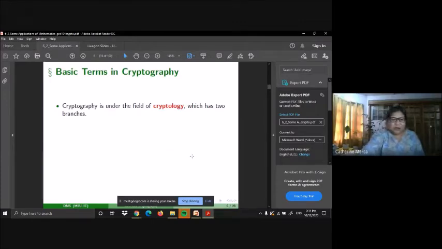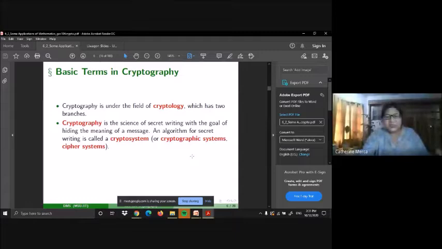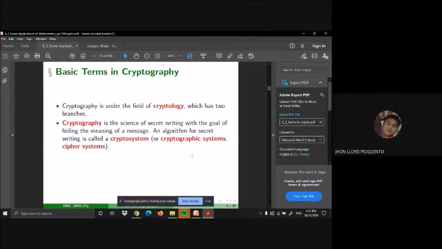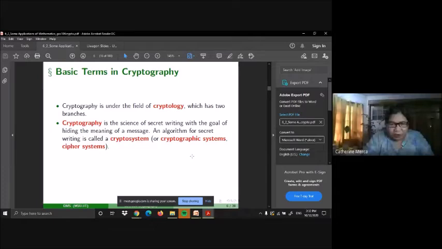So, cryptography is under the field of cryptology, which has two branches. Cryptography is the science of secret writing with the goal of hiding the meaning of a message. An algorithm for secret writing is called a cryptosystem.